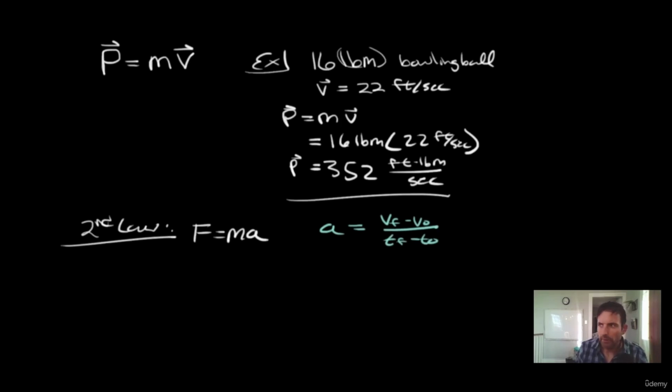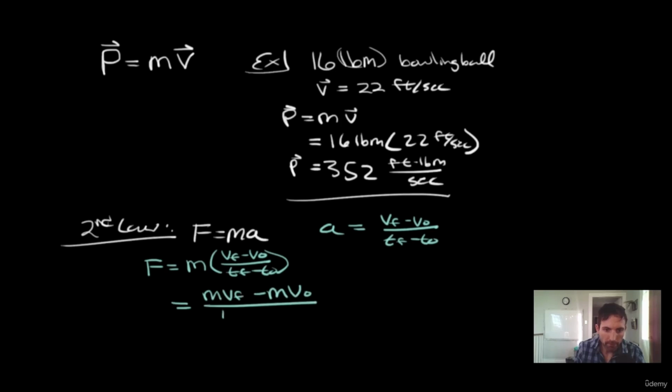So if we plug that in, now we have force equals mass times v final minus v naught over time final minus time initial. We can rewrite that as mass times velocity final minus mass times velocity naught over time final minus time initial.